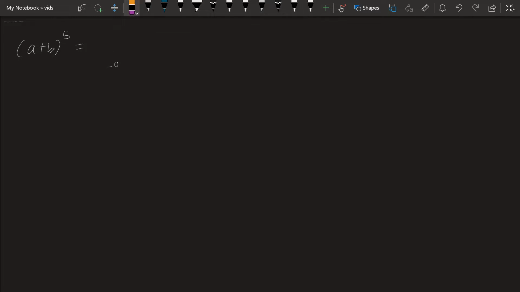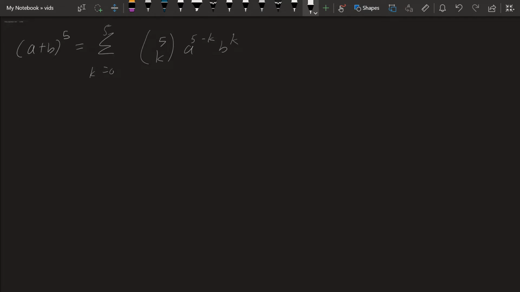Let's just rewrite it all. K goes from 0 to 5, let's say. N choose k. In this case, n is equal to 5, right? So we can basically put 5 instead. A raised to the power of n minus k, and as we said, n could be replaced by 5. B raised to the power of k, right?